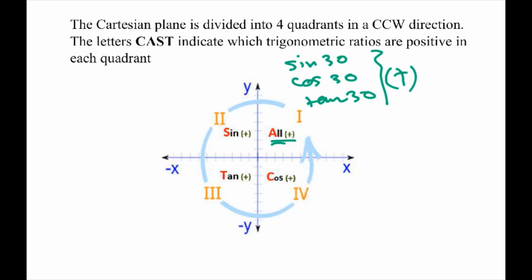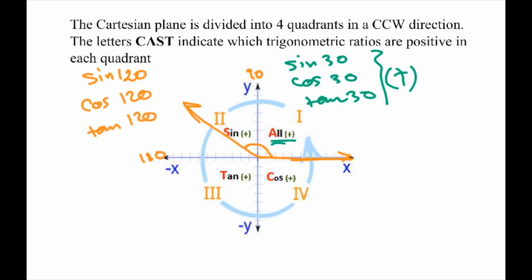Any angle now in quadrant 2, for example 120, an angle between 90 to 180. So sine 120, cosine 120, and tangent 120, you will notice that all of them are negative, and the only positive is going to be sine.